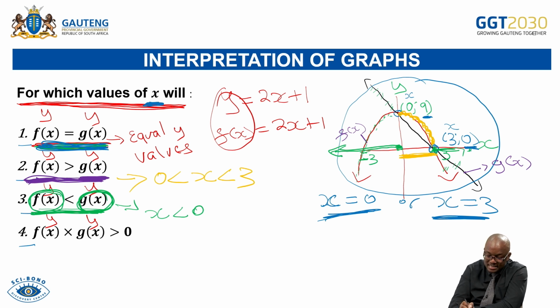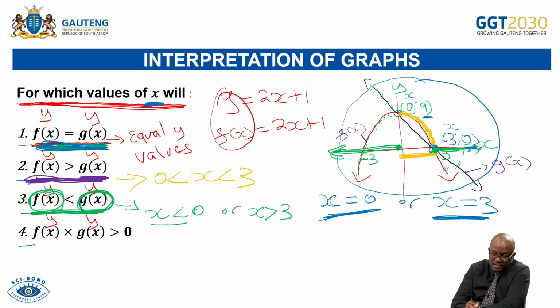From where x is less than 0, that's where the black graph is on top of the red one. Then from 3 going that side, the black one is on top of the red one, where x is greater than 3.